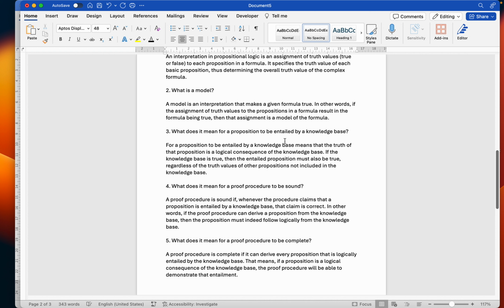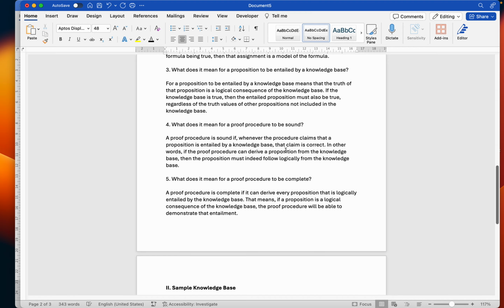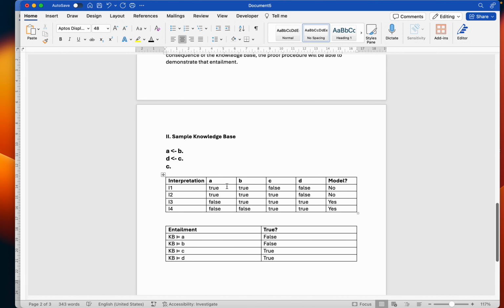What does it mean for a proposition to be entailed by a knowledge base? A proposition is entailed by a knowledge base if all the interpretations that are models of the knowledge base verify the presence of the specific variable.